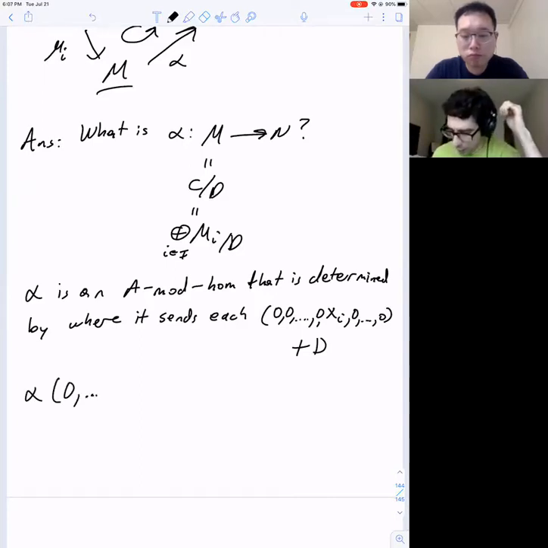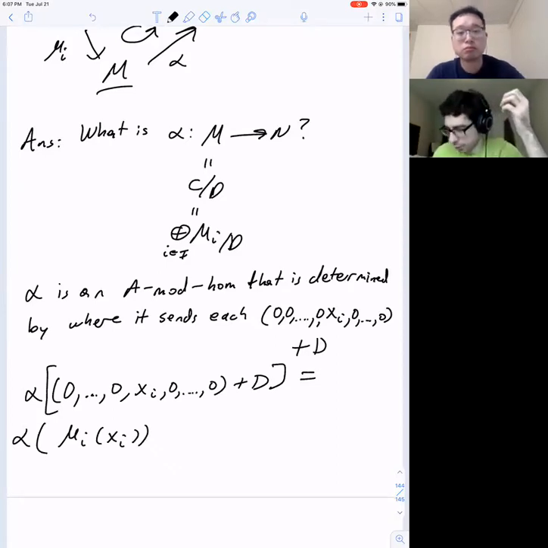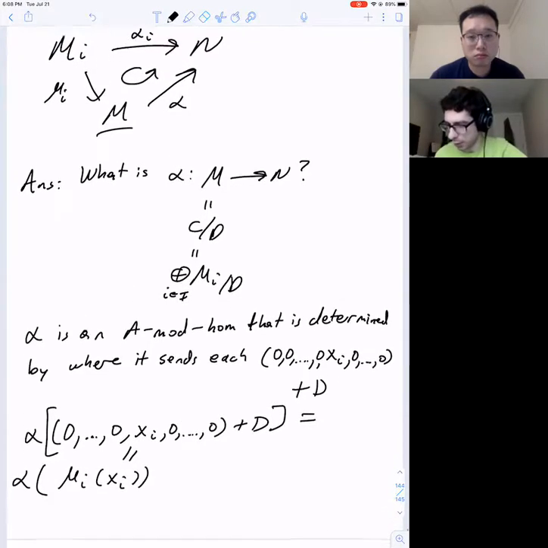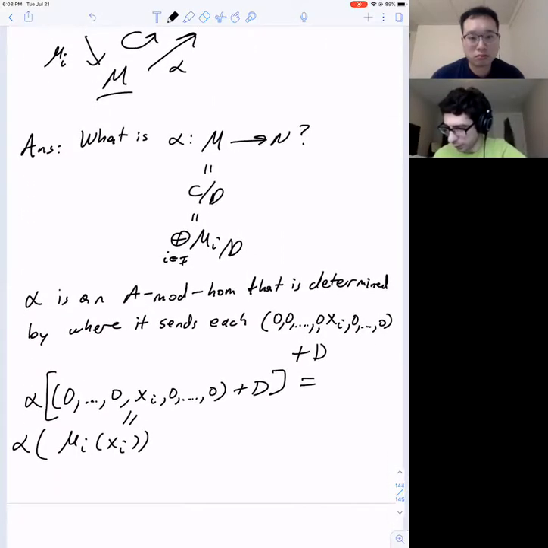But alpha of this element plus d is actually alpha of mu_i of x_i. So this is just mu_i of x_i. Sorry, this is supposed to be alpha_i of x_i, since they said this was supposed to be commutative.